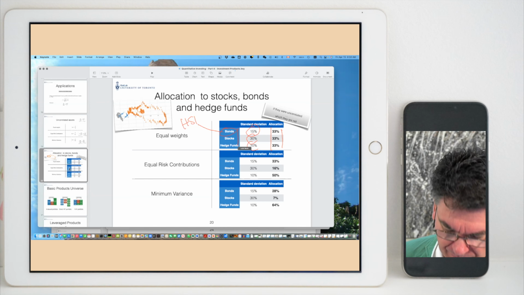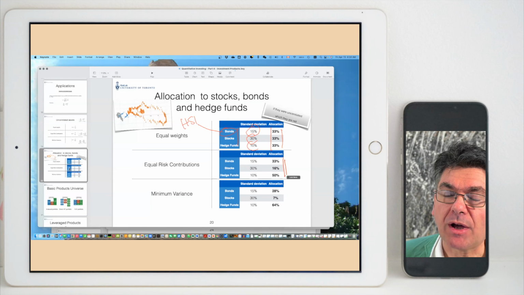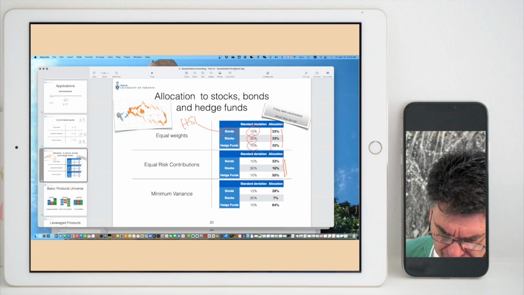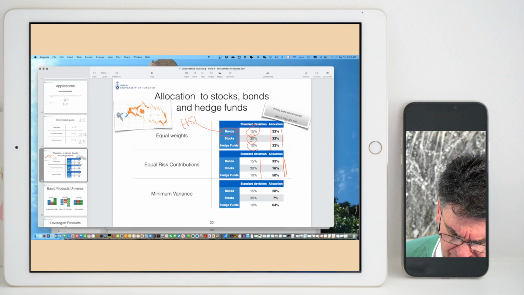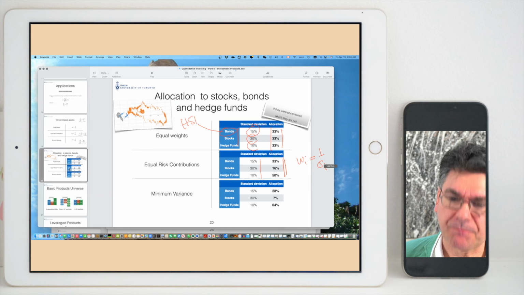But then when you go to the next one, you have to divide not by 3, but you have to give each of them an allocation which is proportional to that. So you have to solve the equation that we mentioned earlier, which is that in this one, the weight is 1 over the volatility.